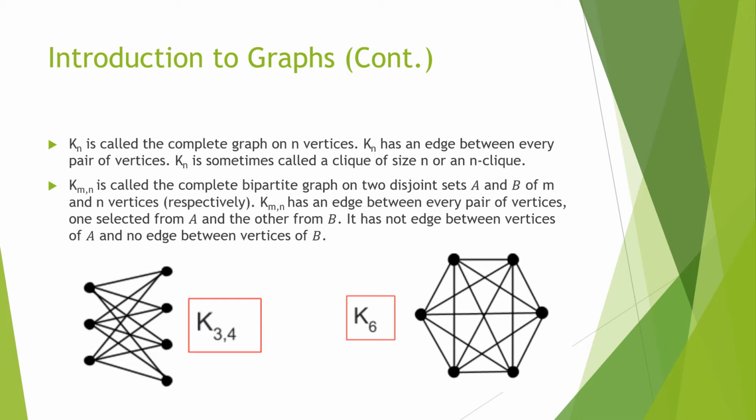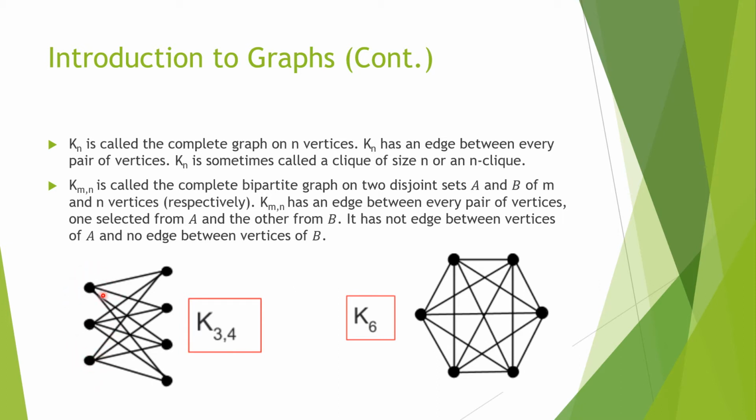Let's see an example of K 3,4. 3 and 4 means the first set A has 3 vertices and the second set B has 4 elements. As you see, there are 3 dots here representing the 3 elements of A. There are 4 dots here representing the elements of B. None of these 3 are neighbors.